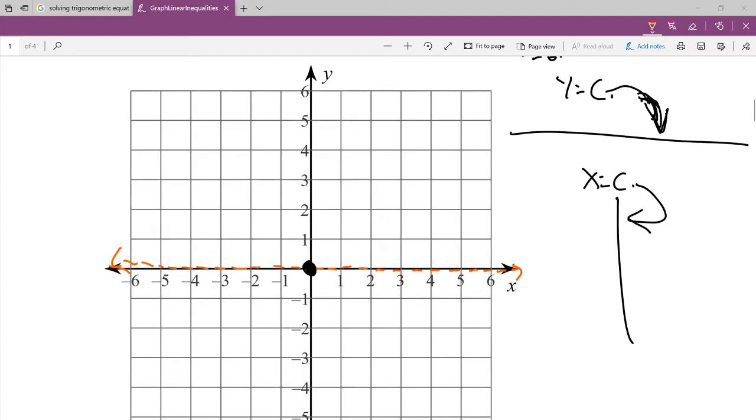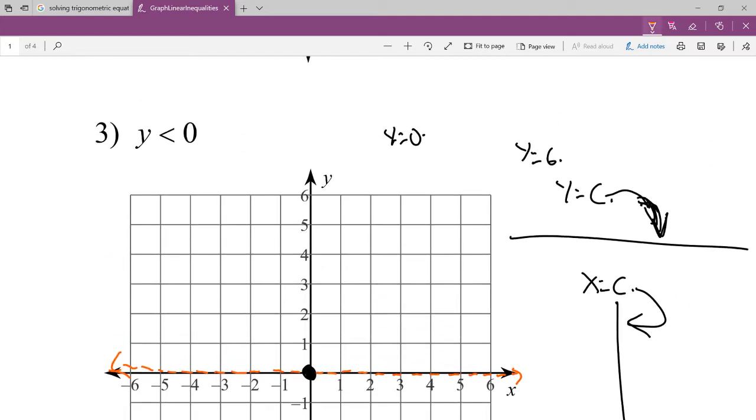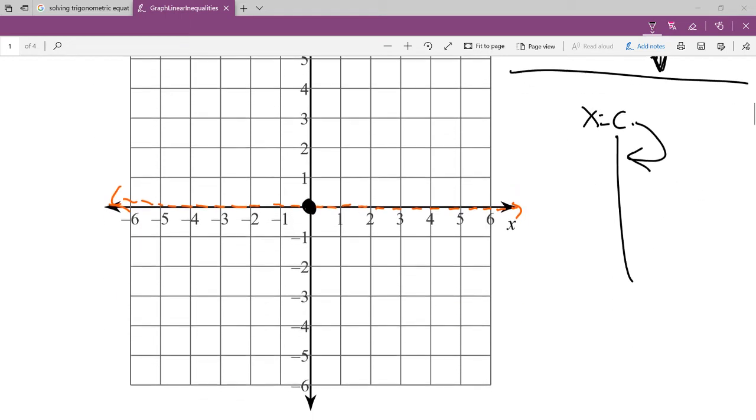Basically, you then again do test points. So where am I going to shade? Let's do this point, for example, 1, 1. Is 1 less than 0? No. So this cannot be shaded. Now, if you said, is negative 1 less than 0?